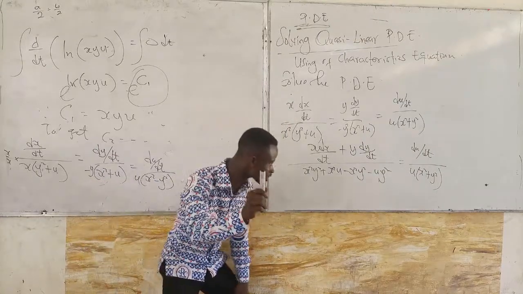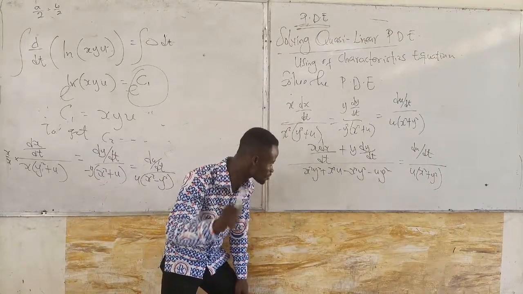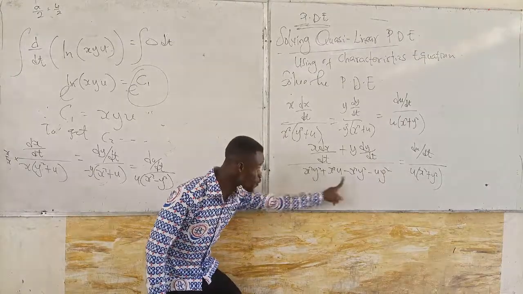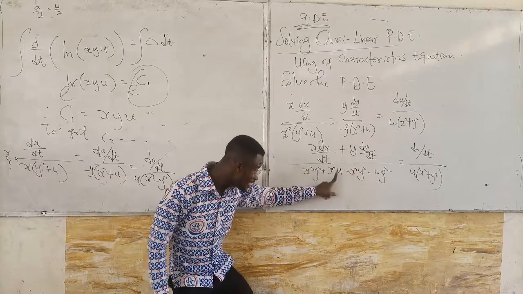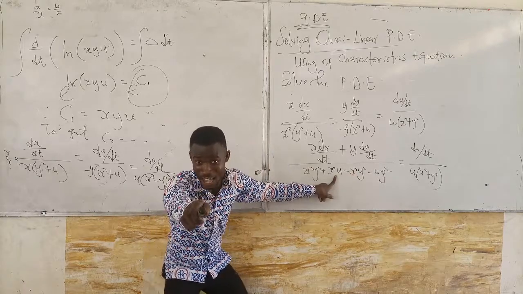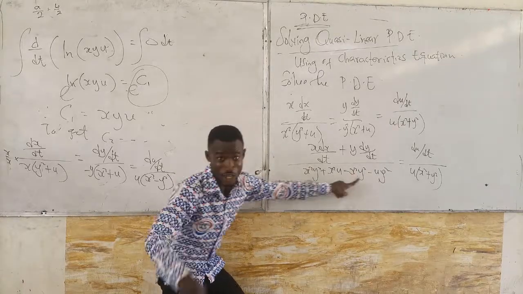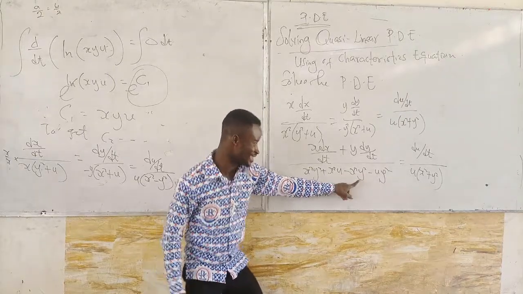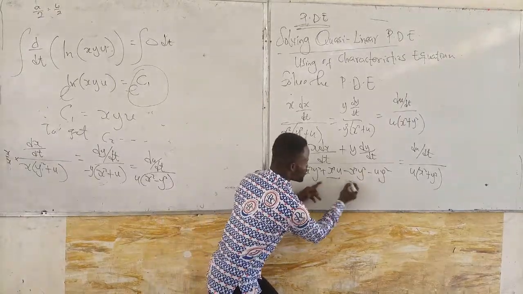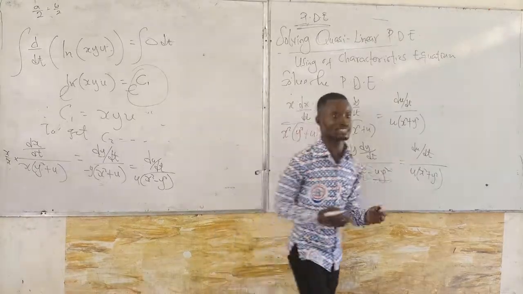Now, watch. Please look at something right now. Look, this will cancel this, right? And if this cancels this, you can factorize u, to be the same as this.